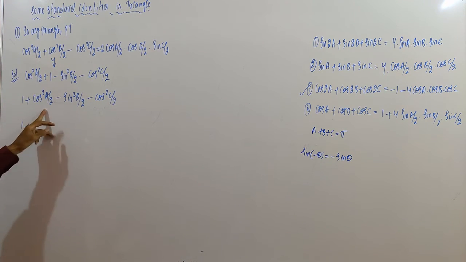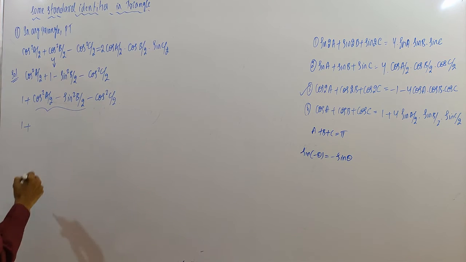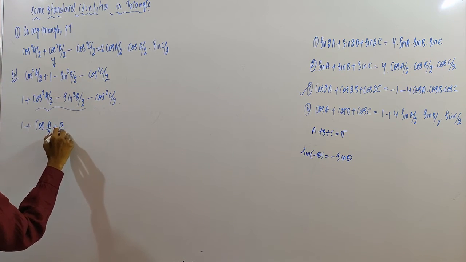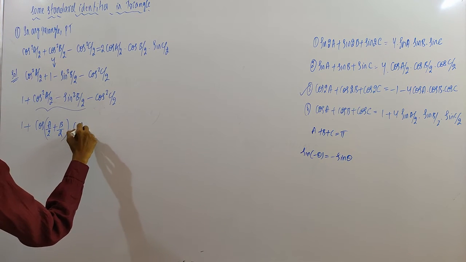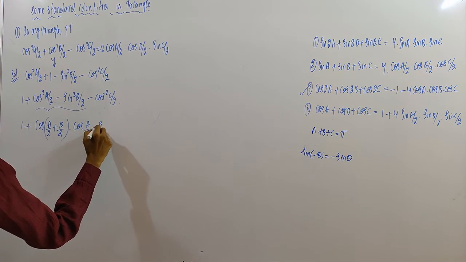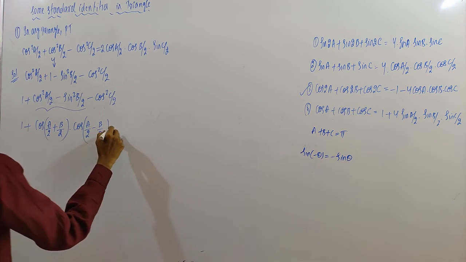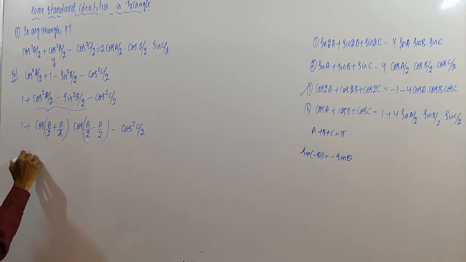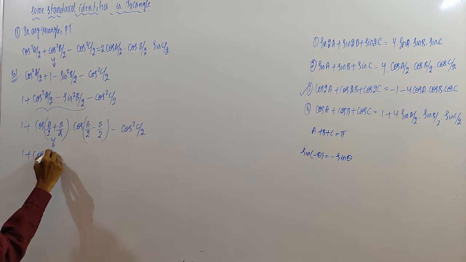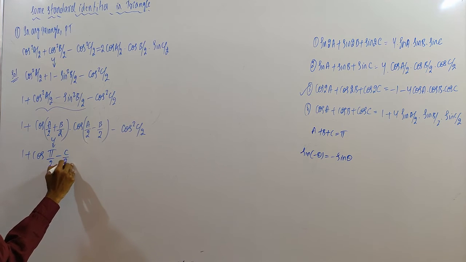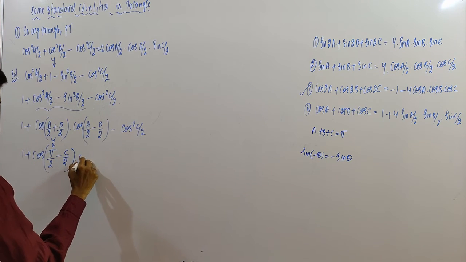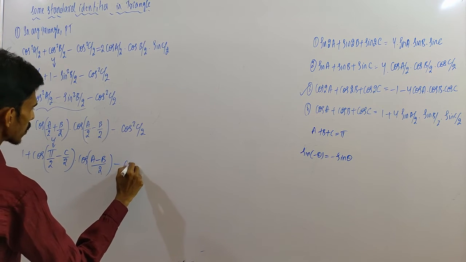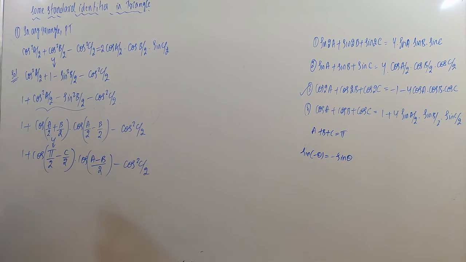This term minus sin square B by 2 minus cos square C by 2. 1 plus cos square A minus sin square B form. So it will become cos (A by 2 plus B by 2) into cos (A by 2 minus B by 2) minus cos square C by 2. 1 plus cos, this will become pi by 2 minus C by 2 into cos (A minus B by 2) minus cos square C by 2.